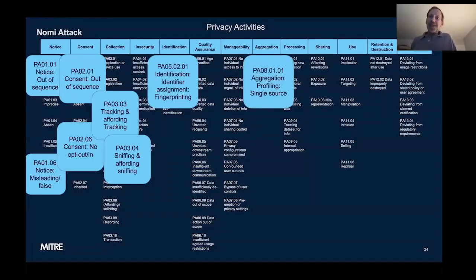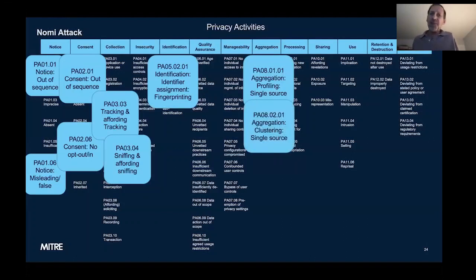They were doing single source profiling, which is to say there was a single source of data, namely the Bluetooth emanations from the smartphones, and they were creating profiles of individuals because they were looking to see how individuals moved around the stores.